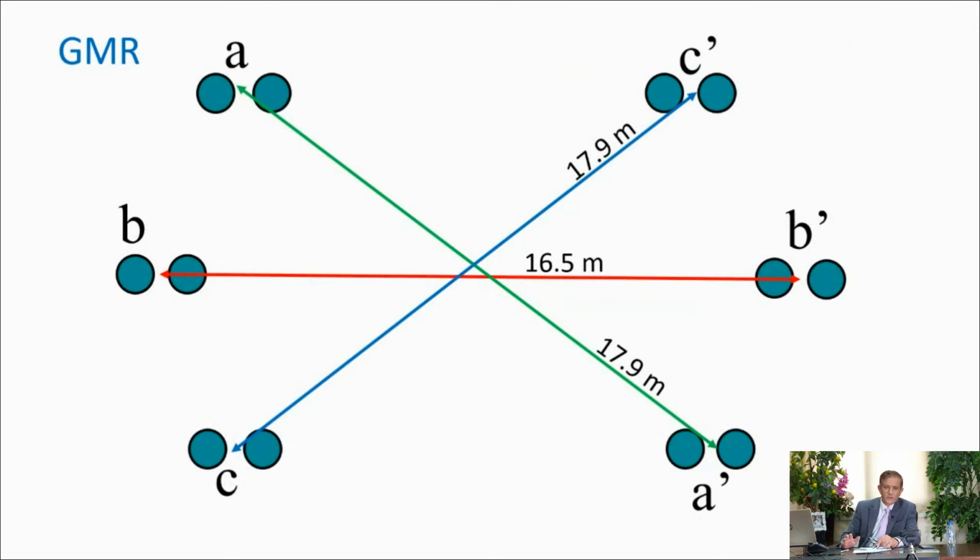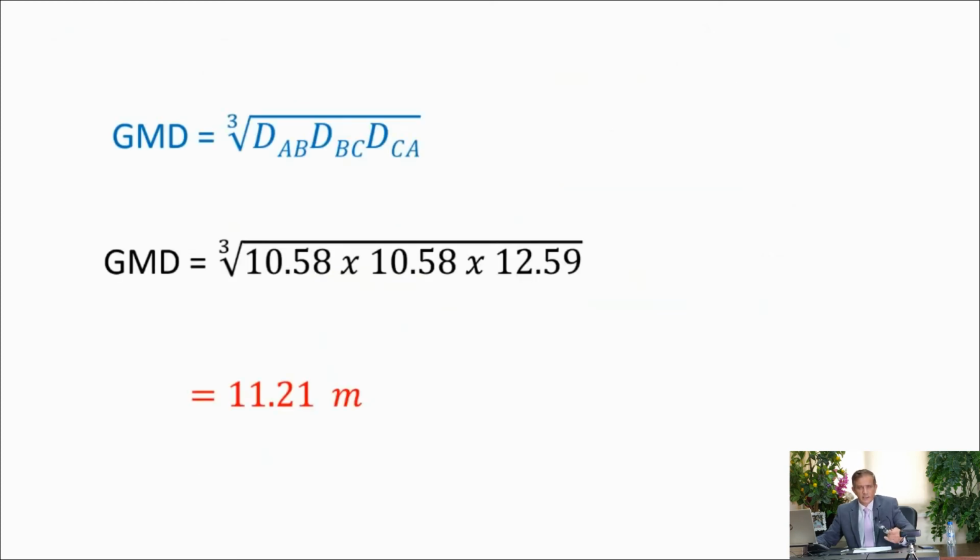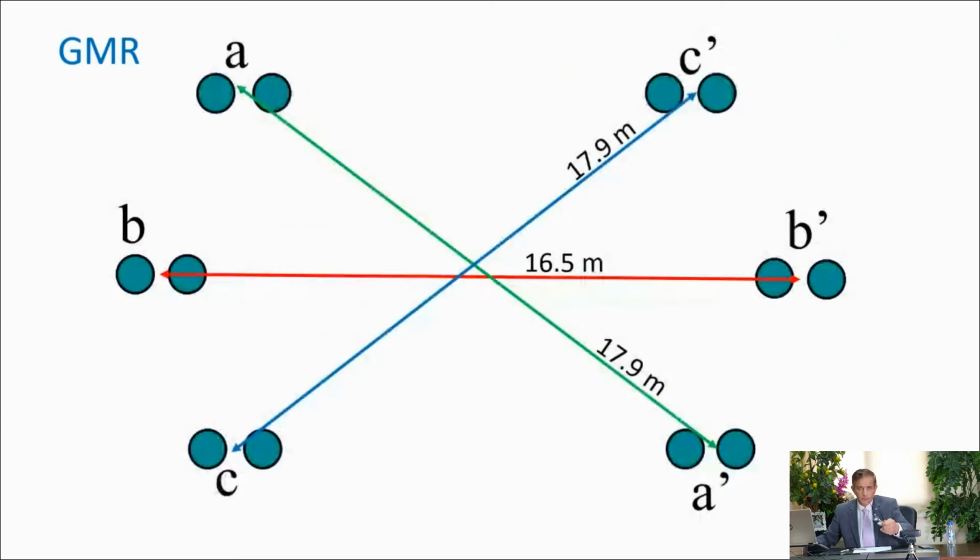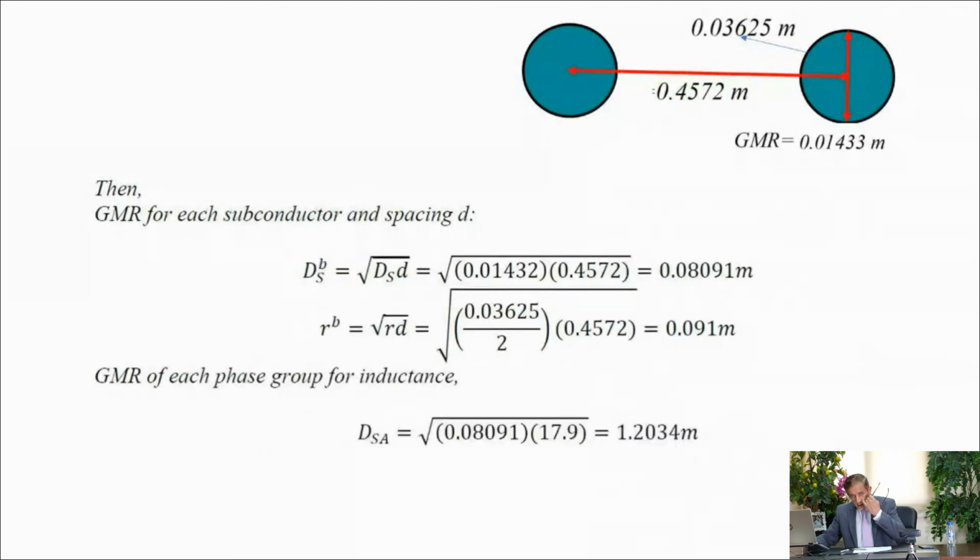As if you are now considering this phase A as a single conductor and looking for the virtual diameter, or geometrical radius, for the conductor. So here, the spacing is 17.9 multiplied by the distance between the conductors. Whenever we use D, it is only to show that this is prepared for the inductance. RB means radius of the bundle. I'm preparing for the capacitance.